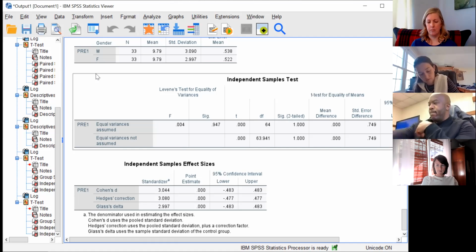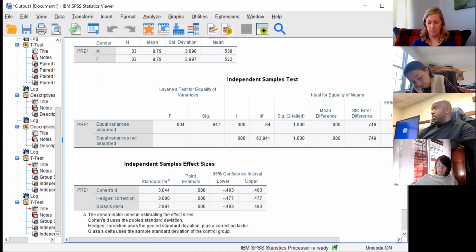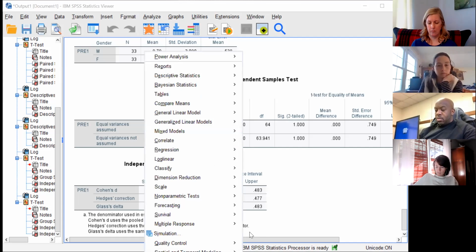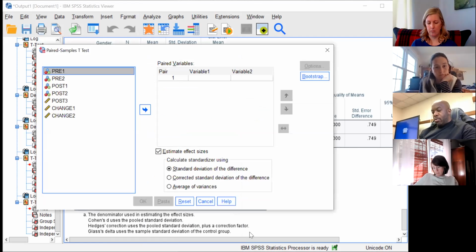Now, there's another way to look at this, and we'll talk about that when we get over into ANOVA, but this is actually the best way to look at changes from pre to post, is just to use the paired t-test. And so I'm going back over to the data file, analyze, compare means, paired samples t-test.